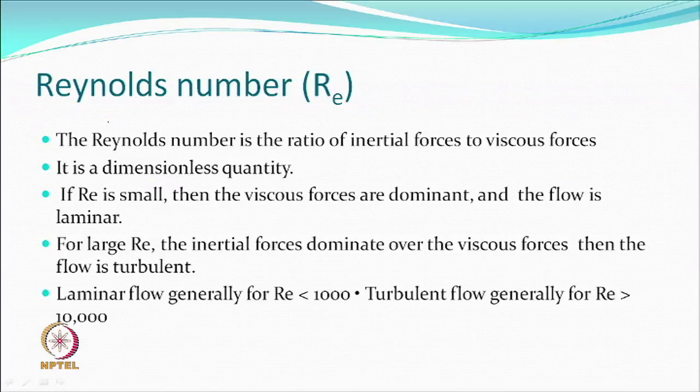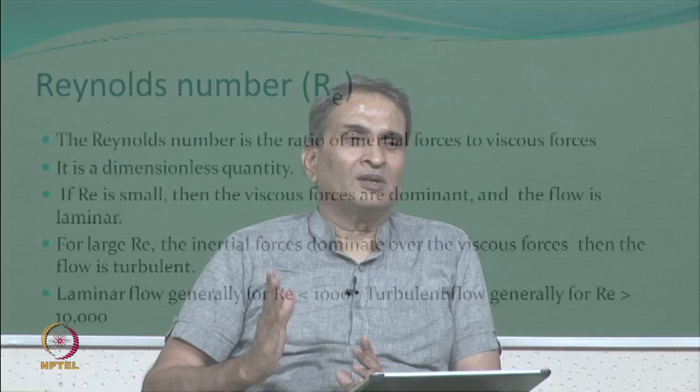In general, if the Reynolds number is less than 1000, one can think of the flow like a laminar flow, and turbulent in case this is more than 10,000. So, in between there is a gray area. So, there is not really a fixed line below this, above this, but definitely because it will relate with viscosities as well.